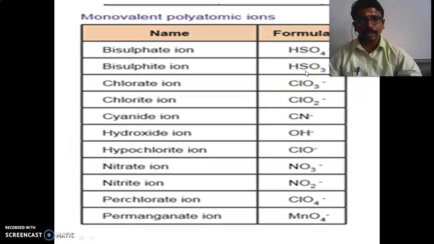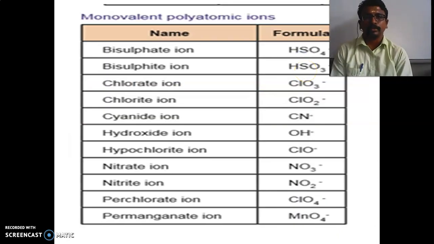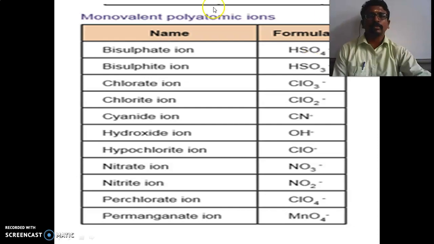Next we see some anions, the monovalent polyatomic ions. Mono means one valency, and poly indicates many, so these ions have two or more atoms.